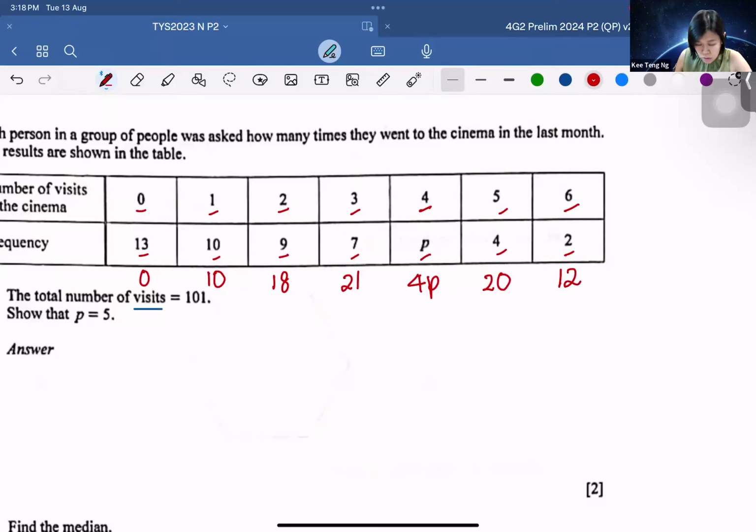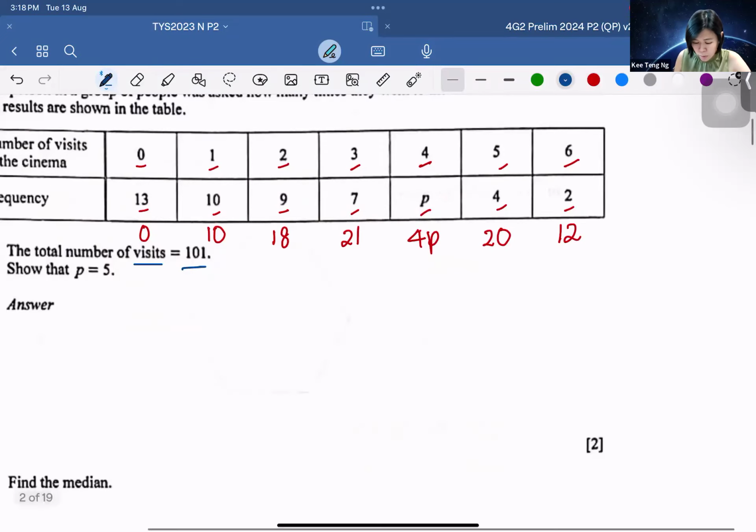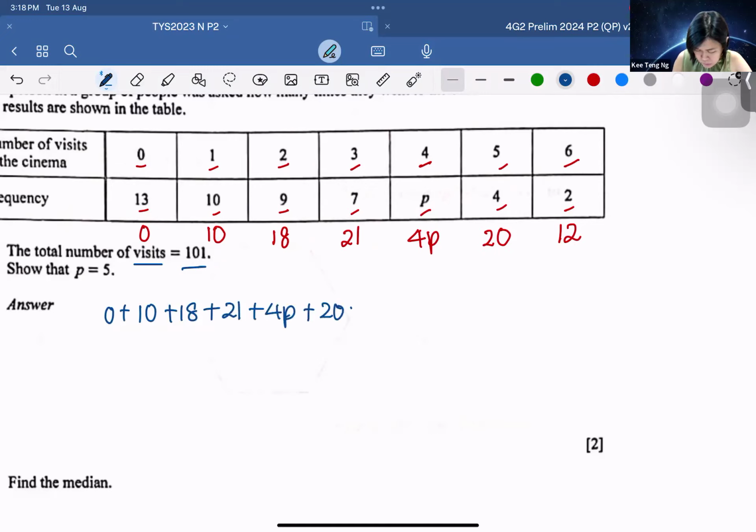They say that the total number of visits is 101. So I'm going to add all this frequency up. Everything equals 101.